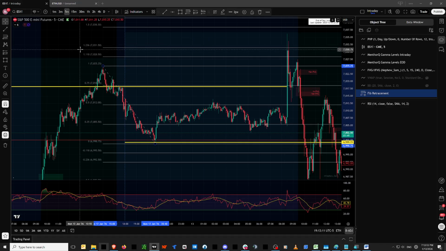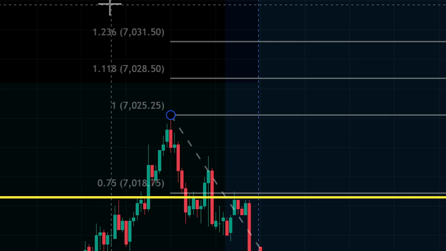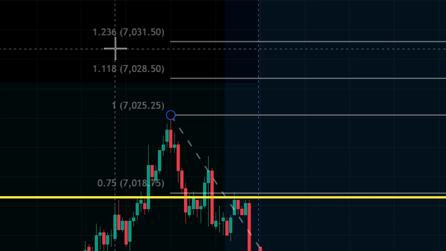It went to 0.236. So we took the range between 0 and 1, and we multiplied that range times 1.236, and that's where we come up with this number.